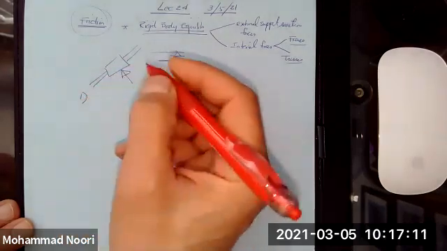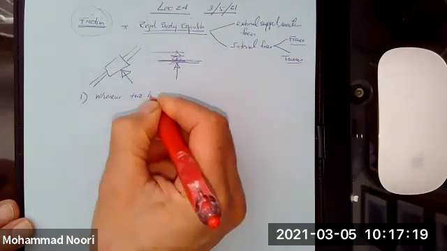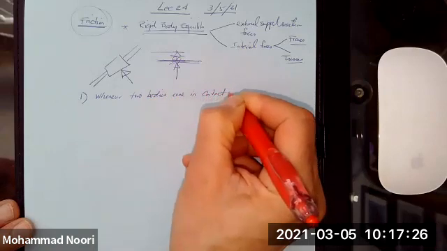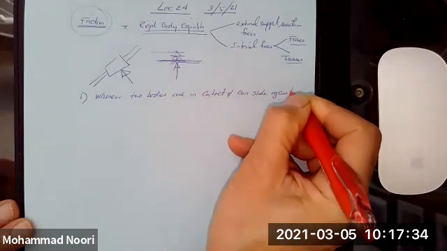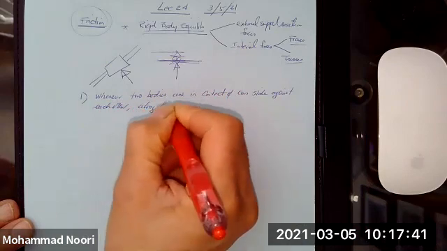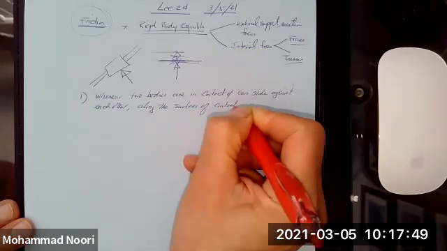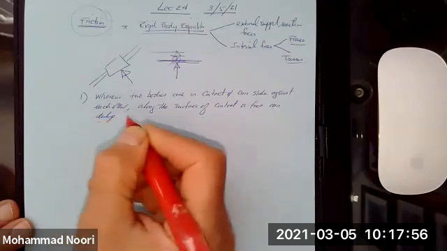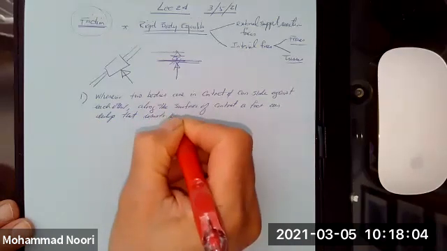One is that despite the earlier assumption, whenever two bodies are in contact and can slide against each other, along the surface of contact, a force can develop that resists the sliding motion.